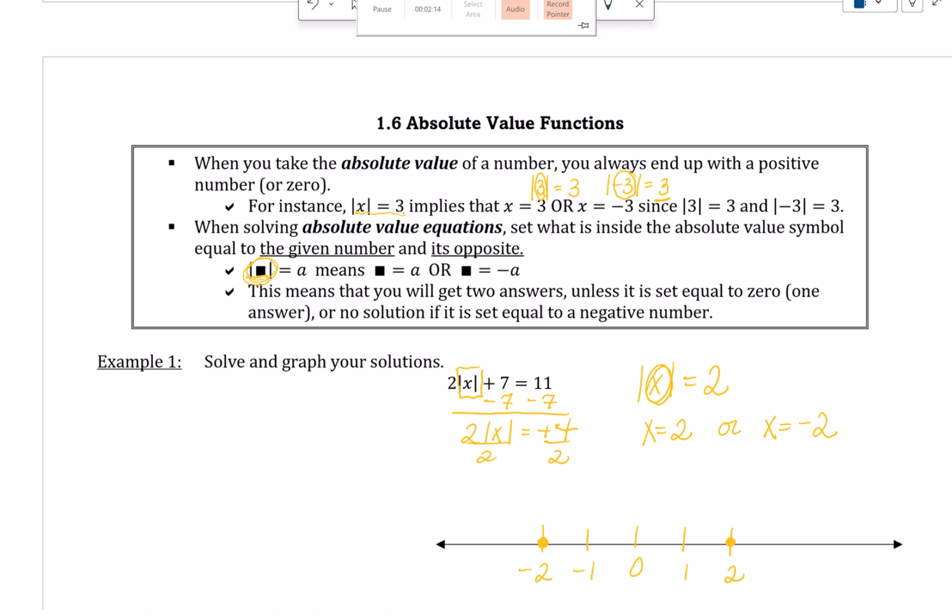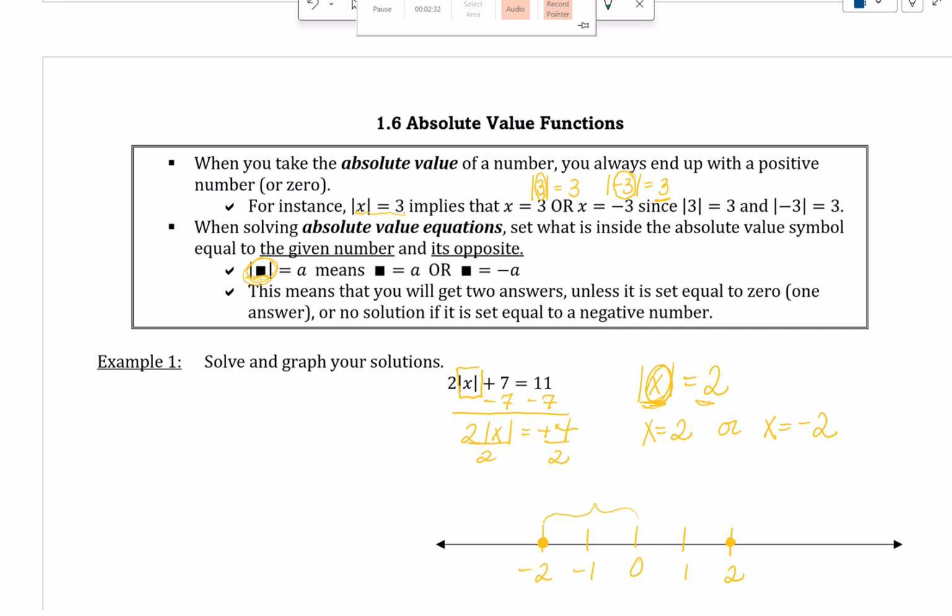Remember I said absolute value, what's inside of there is your distance. Notice that we wanted to know which two numbers have a distance of 2 spaces from 0.